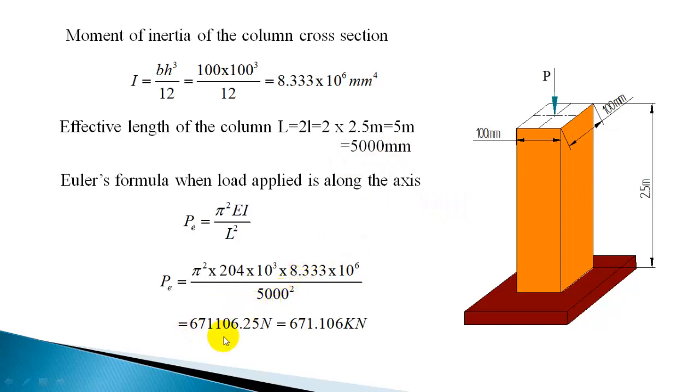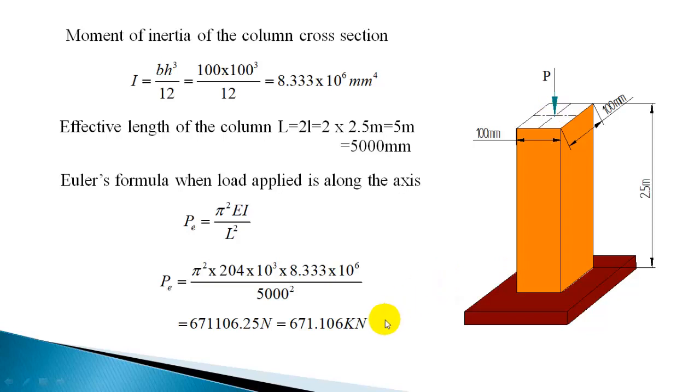Substituting that, you will get the load as 6,71,106.25 Newton, or 671.106 kilonewton. So this is the buckling load when the load is applied centrally. So much load is required for the column to buckle when it is applied along the geometrical axis.